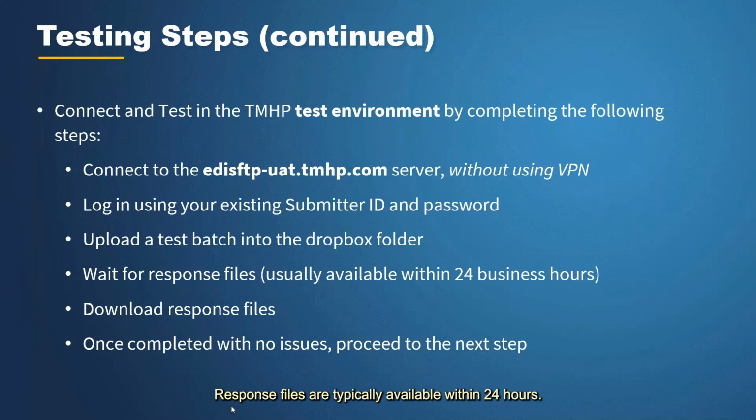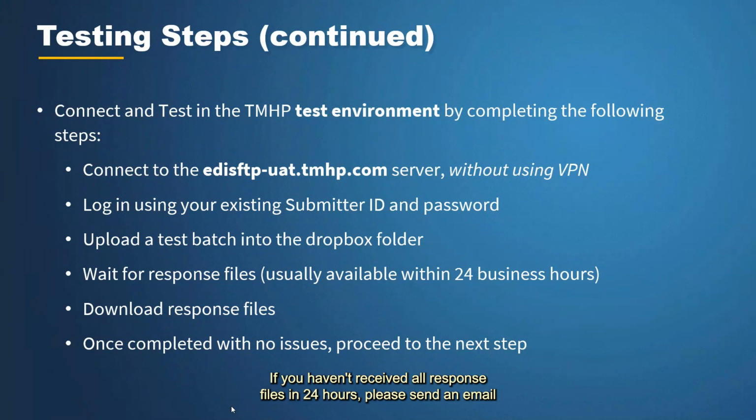Response files are typically available within 24 hours. If you haven't received all response files in 24 hours, please send an email to the EDI Connectivity Support mailbox at ediconnectivitysupport@tmhp.com. Once all response files have been downloaded and the process has been completed with no issues, proceed to the next step.